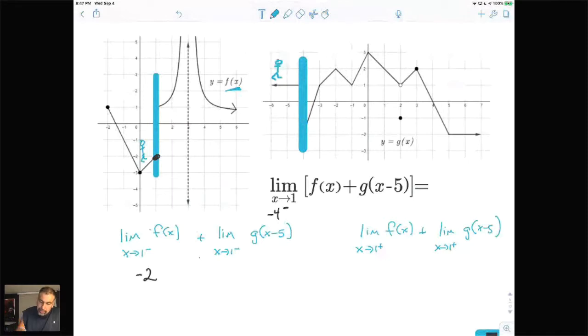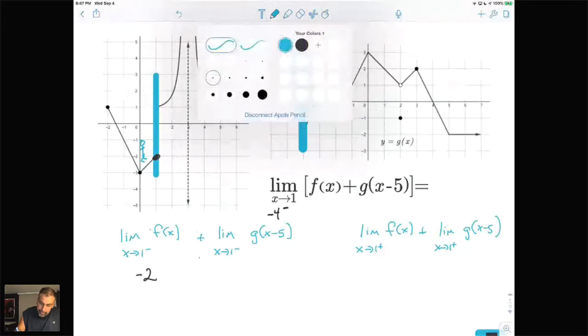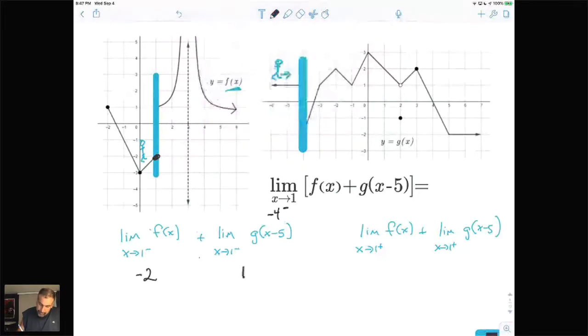And as he goes this way, every point along the line, he's getting an output of 1. So when he makes his guess as to where he'll be right here, he's going to go with the value of 1. That's saying that when we add these two together, our answer is going to be -1. So for the left-hand limit on this one, we've got an answer of -1.